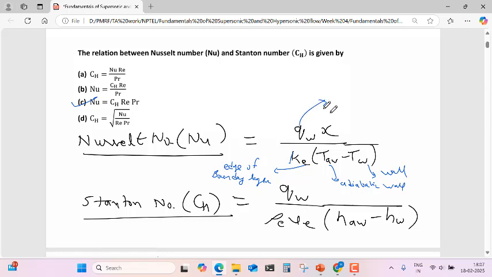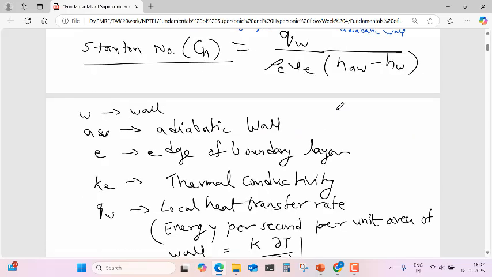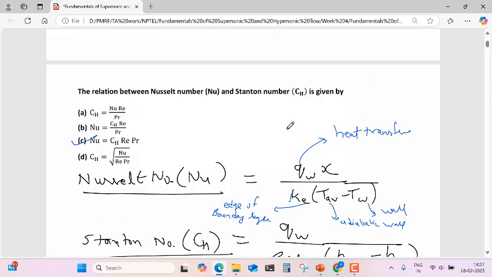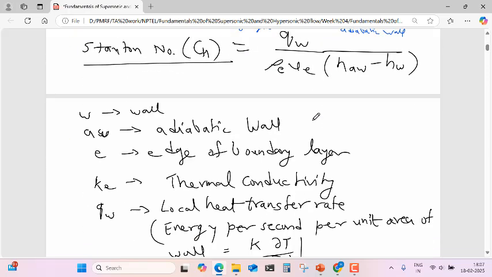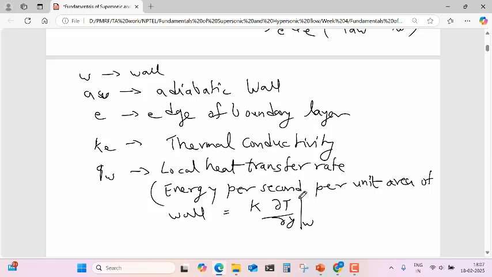Qw is the local heat transfer rate, which is nothing but heat transfer energy per second per unit area of wall, given by K dou T by dou y at wall.